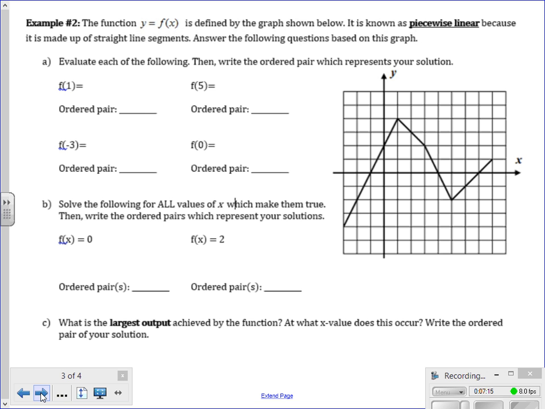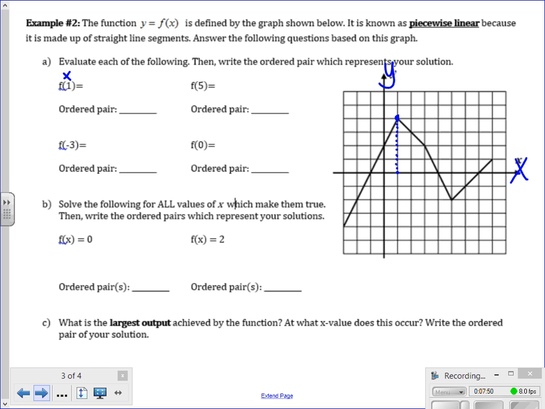The first thing we have to do is look at the function notation. I'm given f of 1. Just as before, the 1 is in the parentheses, so it's an x value. Now that means in order to find the output, I'm going to go over to my graph. I know that my x-axis is the horizontal axis, and the y-axis goes up and down. So I need to go to x equals 1, which is right here, and figure out the y value that goes with that point.